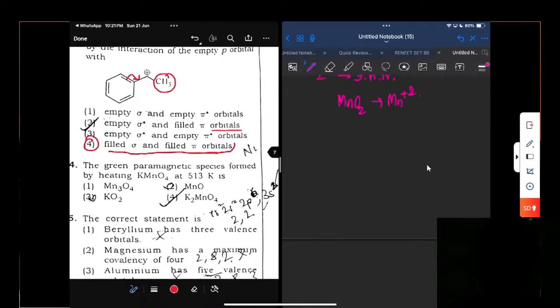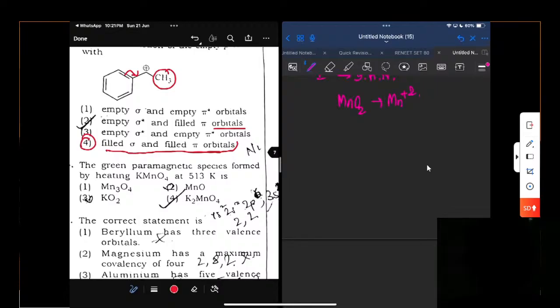Next question. The green paramagnetic species formed by heating KMnO4 at 513 Kelvin is... We are heating which compound? KMnO4.